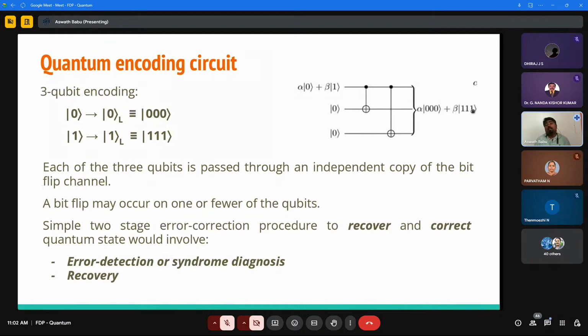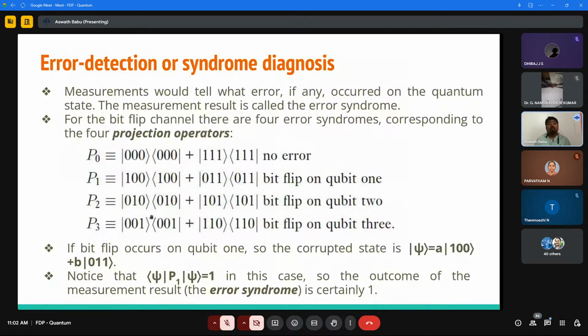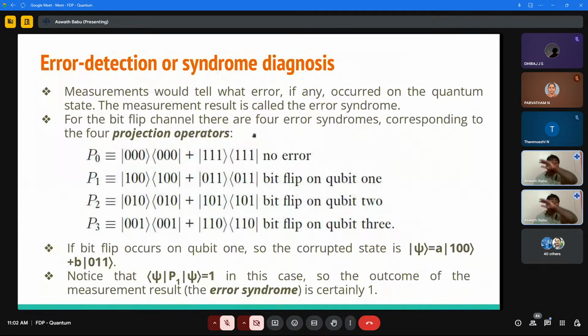Why? Because there is a 000 and a 111 ket in the quantum state, and my projection operator is having 000 and 111. So the inner products are going to give me 1. None of the inner products is going to give me 0. So the measurement of P naught with the quantum state psi is 1, which I can take to convince myself that none of the qubits are actually flipped, so I can just go ahead and do the calculation.